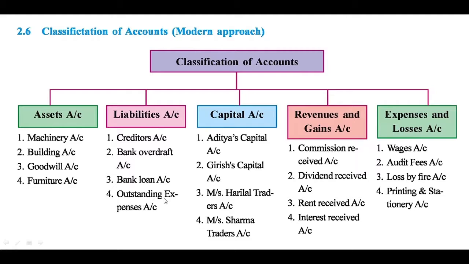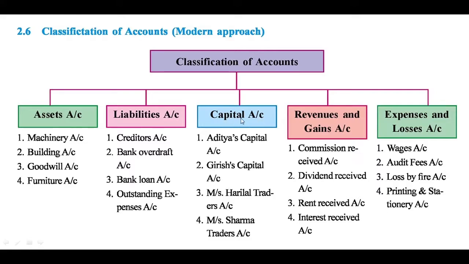So the 4 months salary which is due but not paid will be known as outstanding expenditure. So this is also an amount to be payable in the future. So you have to remember that liabilities account is nothing but the amount to be payable in the future by the businessman.